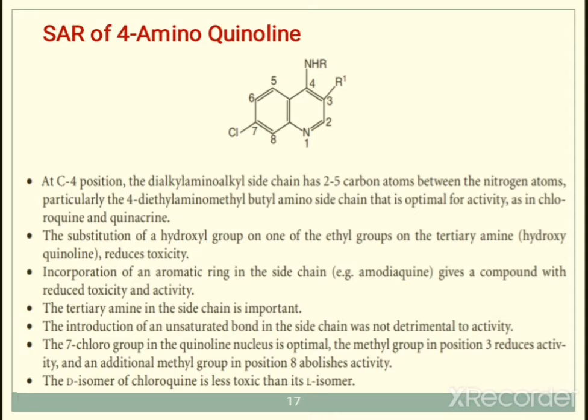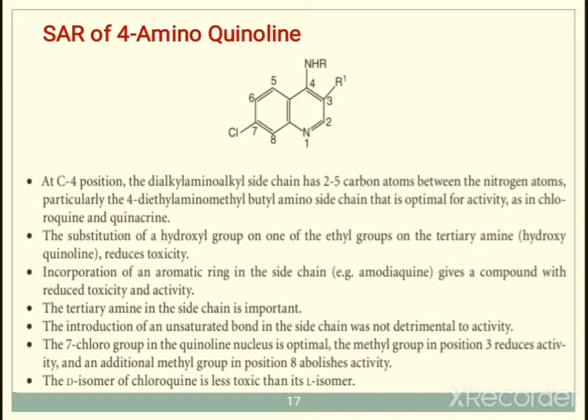The 7-chloro group in the quinoline nucleus is optimal, and a methyl group at position 3 reduces the activity. Also, an additional methyl group at position 8 abolishes the activity, meaning it decreases the activity.